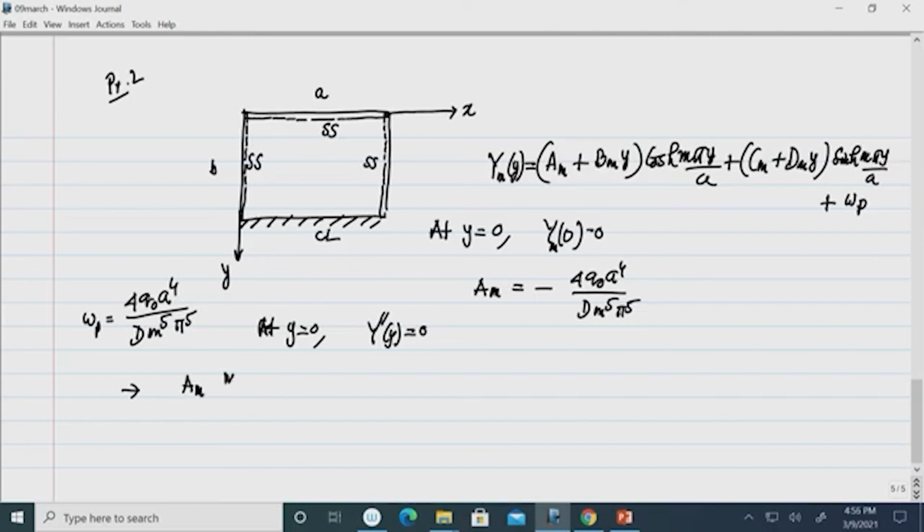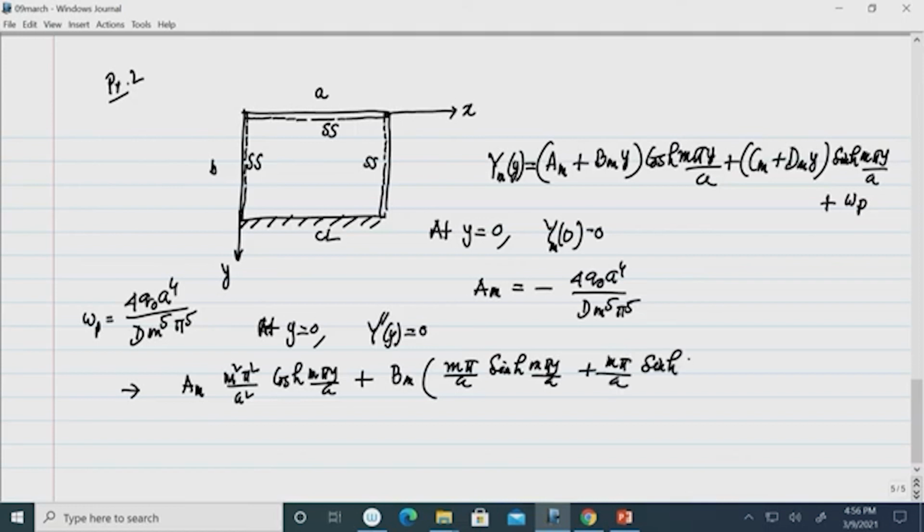So, a_m m square pi square by a square cos hyperbolic m pi y by a plus b_m m pi by a sin hyperbolic m pi y by a plus m pi by a sin hyperbolic m pi y by a plus y m square pi square by a square cos hyperbolic m pi y by a.